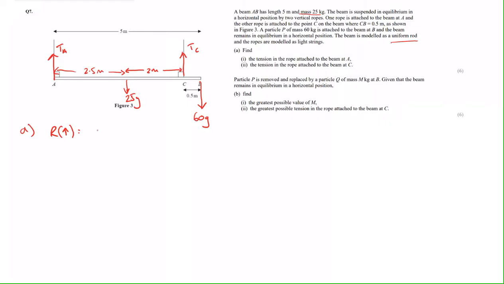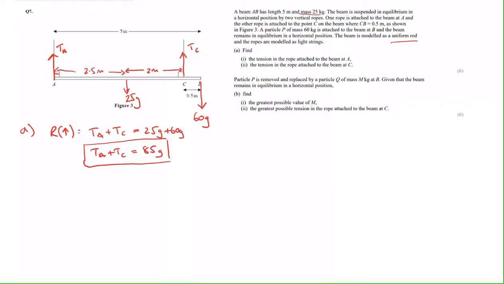I get the two vertical forces, which are the tension forces, both going up, and they're equal to the downwards forces, so 25g and 60g. So I know that the two tension forces summed together will give me 85g.